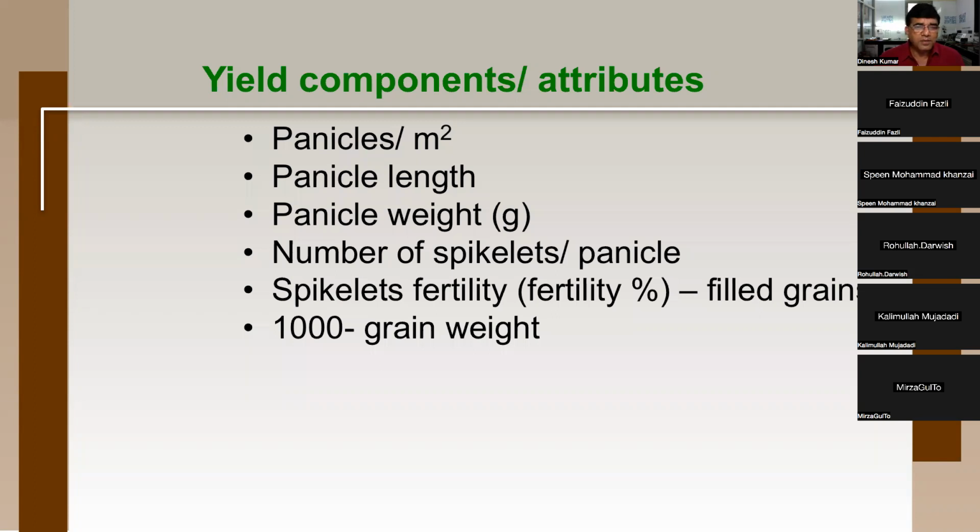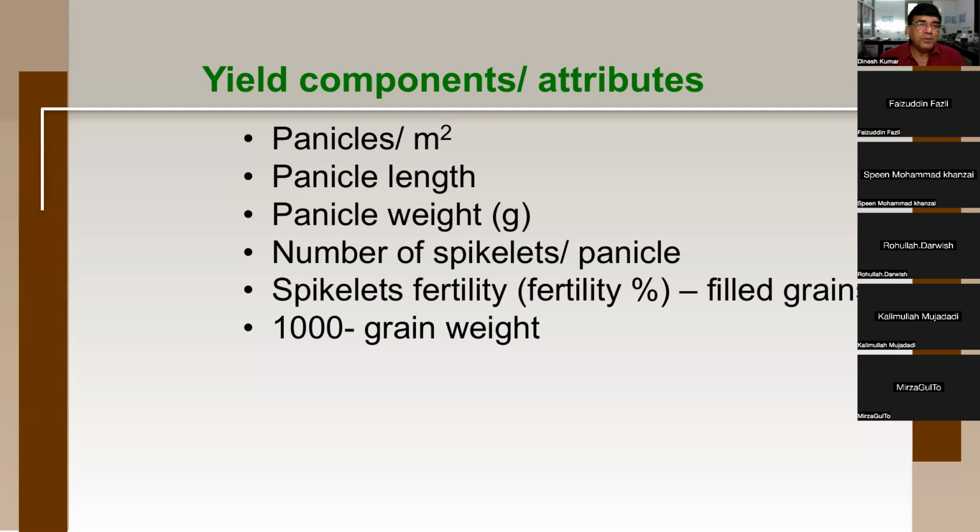What is your answer? Yes, sir. 100 into 100 divided by 120. Okay, sir, it is 83.333. Okay, so this is the fertility percentage.